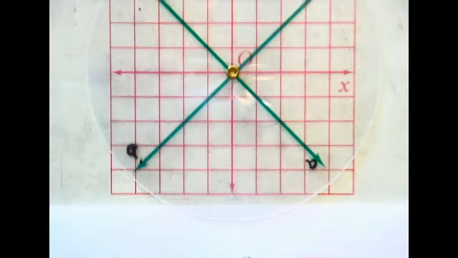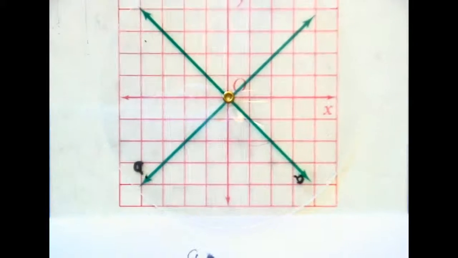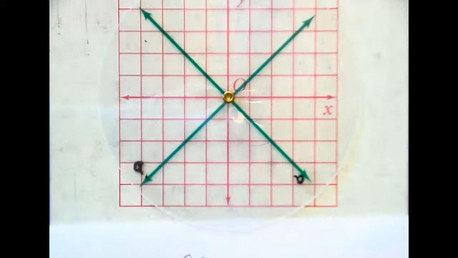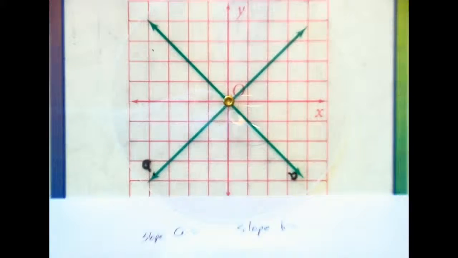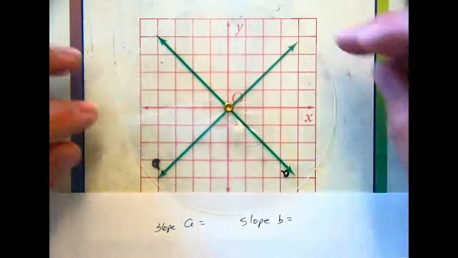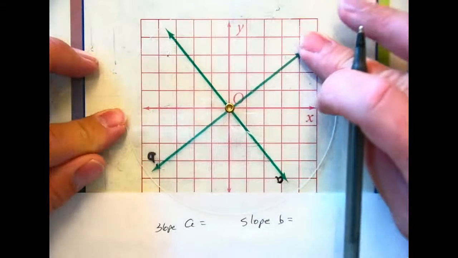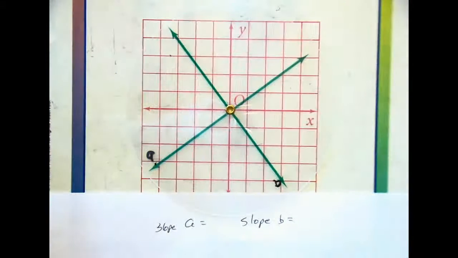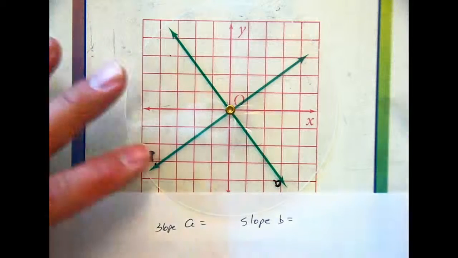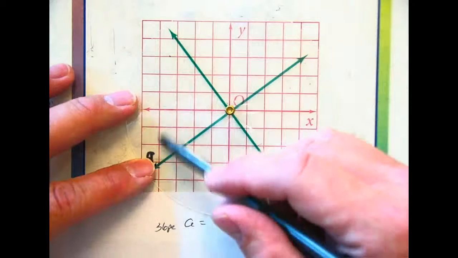All right, let me zoom out just a bit. Slope of A and B. So let's twist it a bit more. How about now? 3/4 and -3/4.